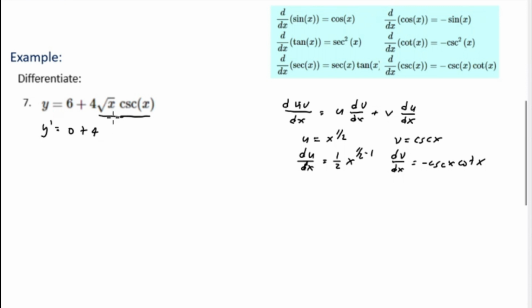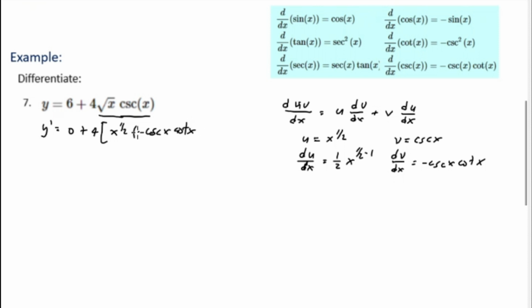And the derivative of square root of x times cosecant of x: we have u, which is x to the 1/2, and the derivative of v over dx, which is negative cosecant of x cotangent of x.